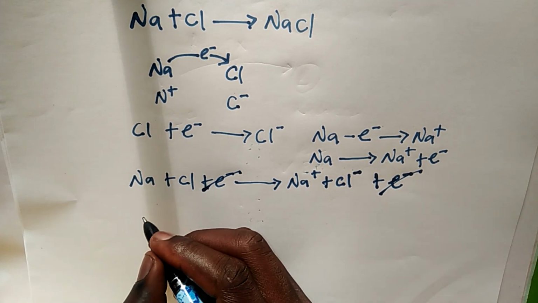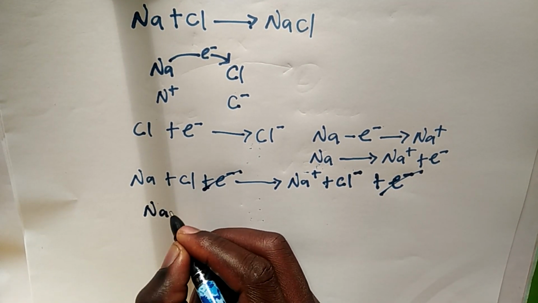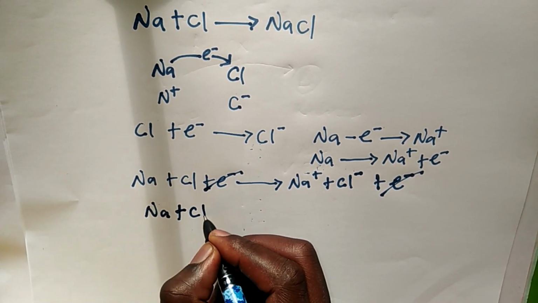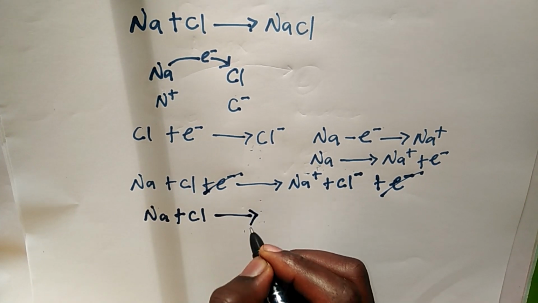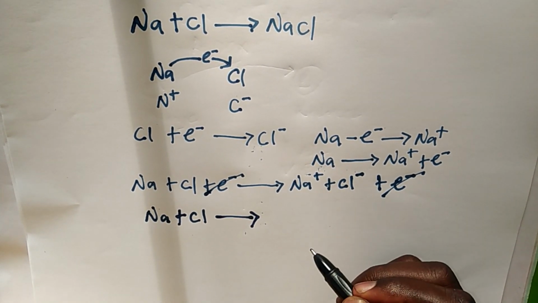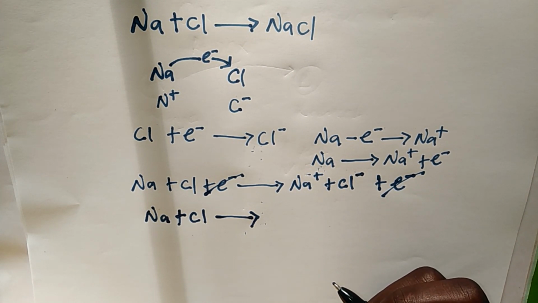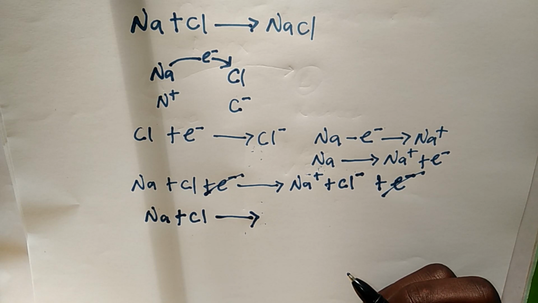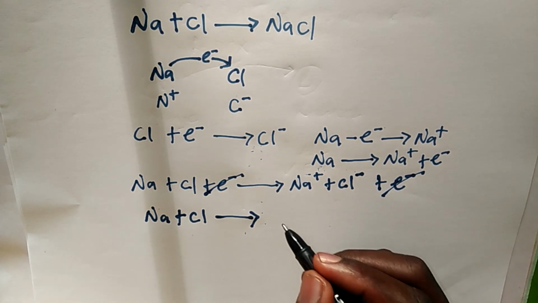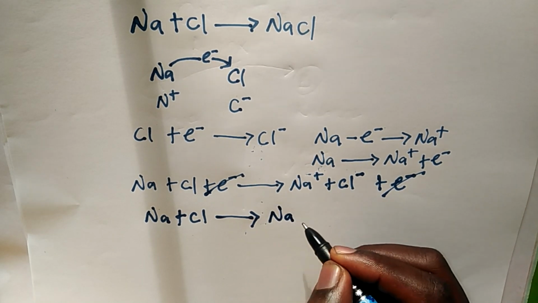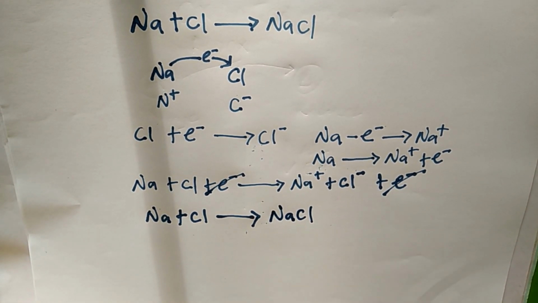Therefore, what you now have is sodium plus chlorine. Negative and positive will attract each other because opposite charges attract, while like charges repel. Therefore, we have sodium chloride.